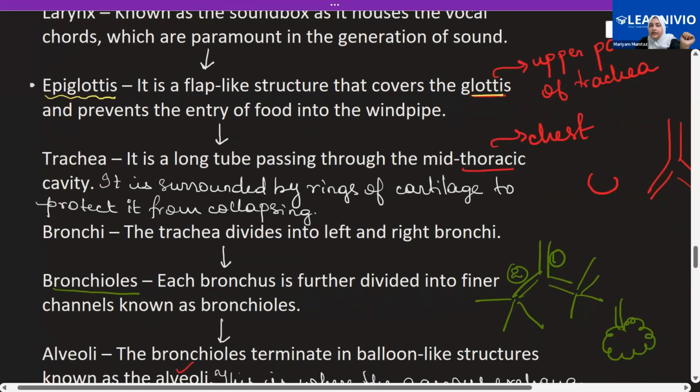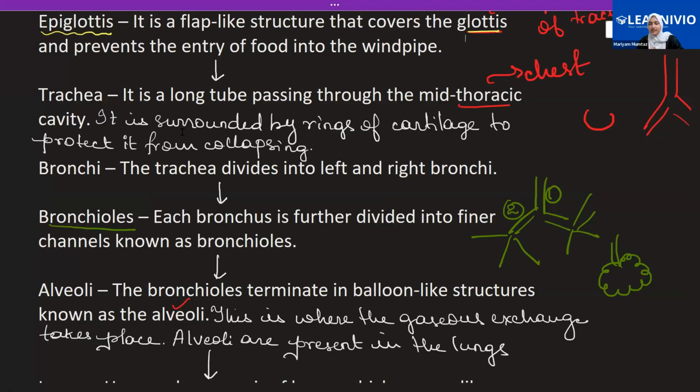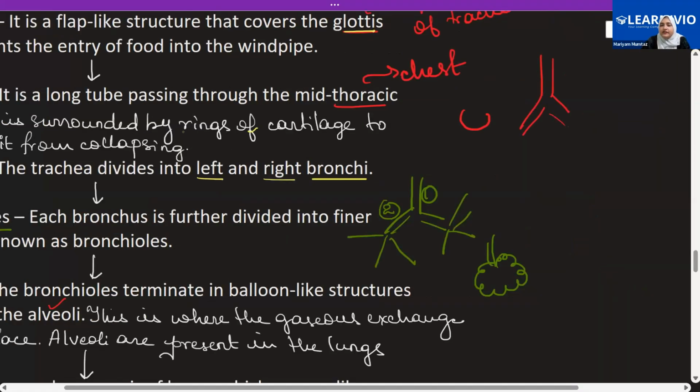Then the air comes into the trachea. It is a long tube present in the mid chest, right in the middle of our chest, and it is surrounded by rings of cartilage to protect it from collapsing. Then the trachea divides into the left and the right bronchi, and then further divisions happen.